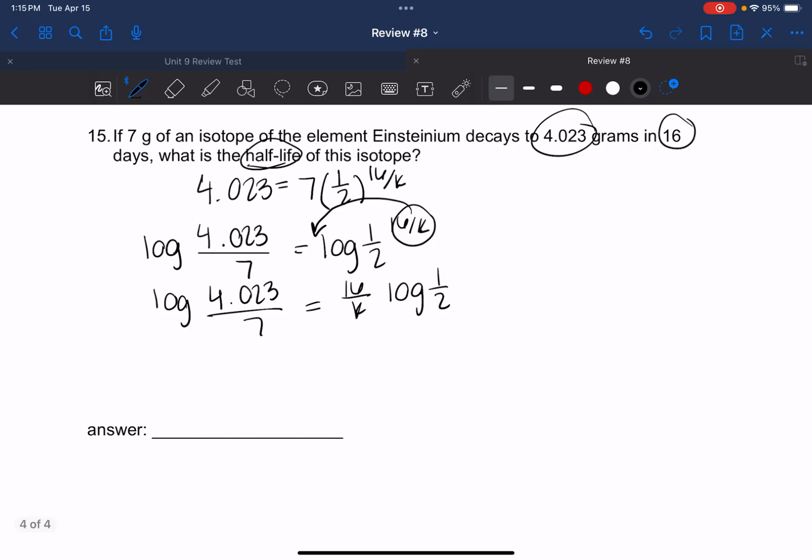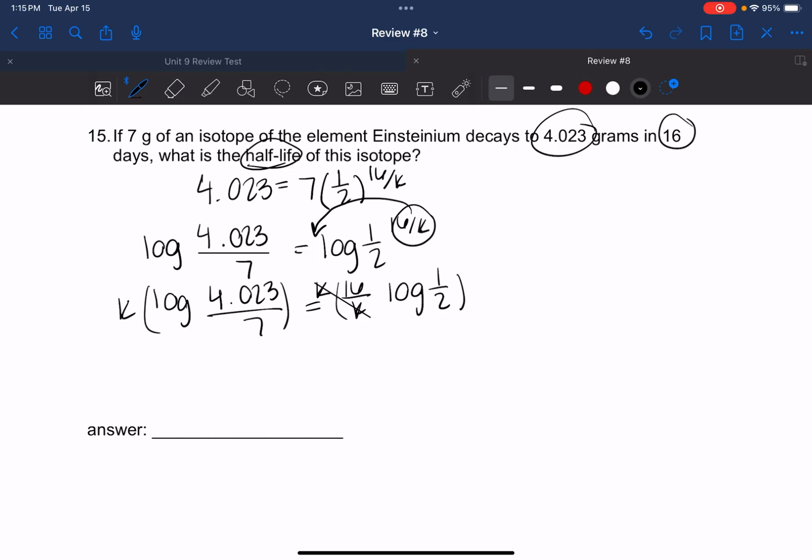All right, and I don't like that I have the k in the denominator here. So to fix that, I'm going to multiply both sides by k, which would make these divide out, and now I have k times this log over here on the right.